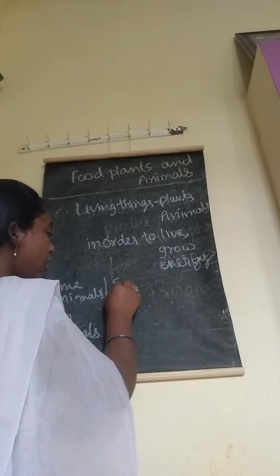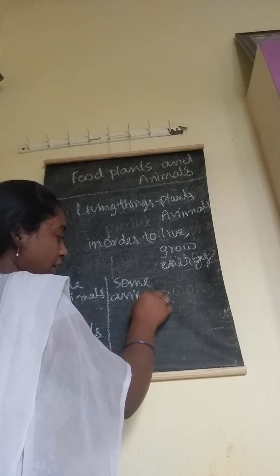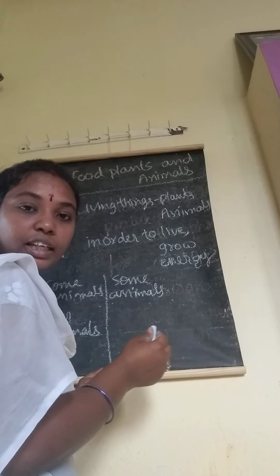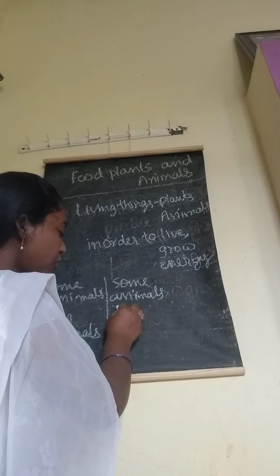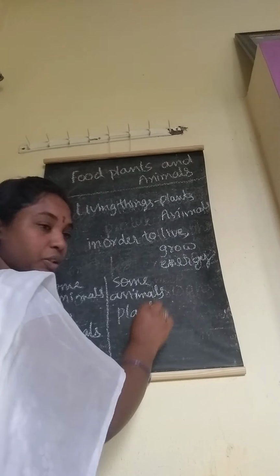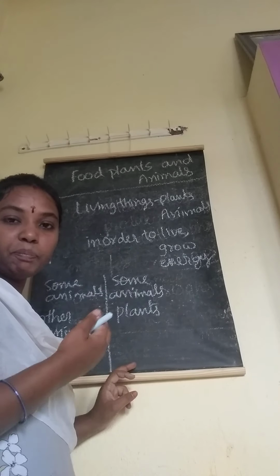But what about the remaining animals? Some animals are herbivorous. Herbivorous animals get their food from plants only. For example, cow, goat, buffaloes, sheep. These animals depend on plants only.